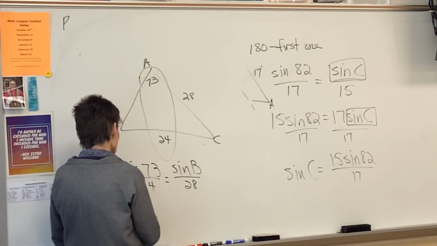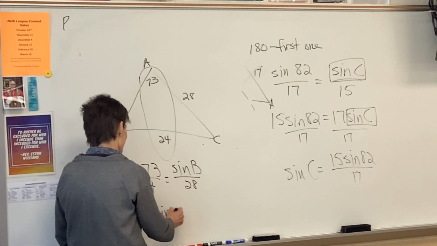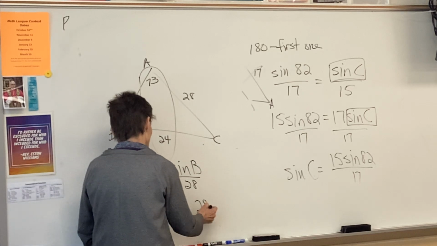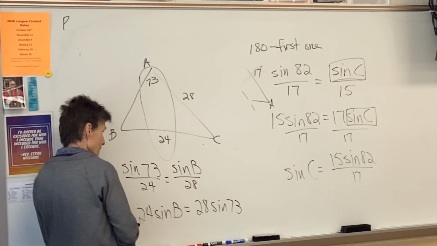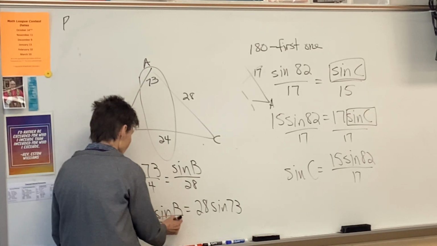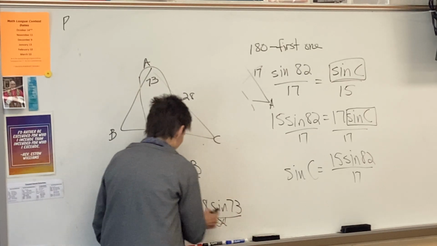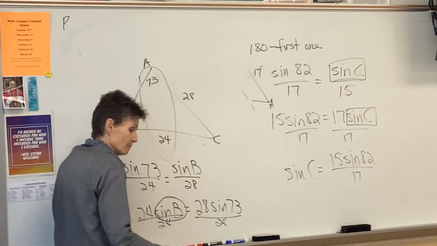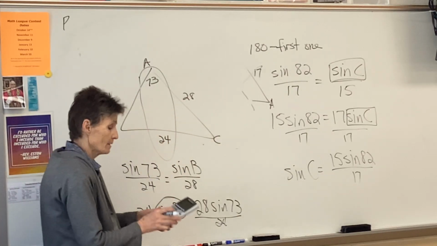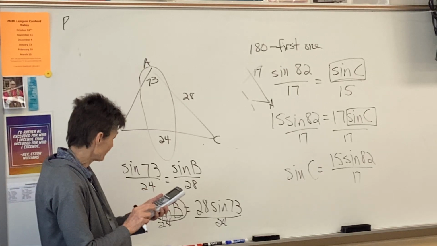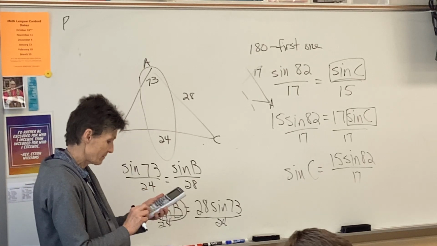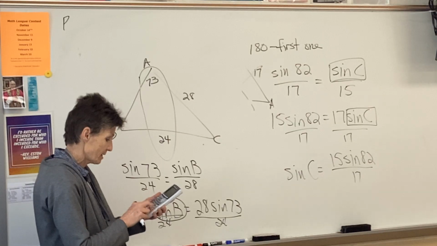And then we're gonna cross multiply. And what are we dividing by? Just 24. Because sine B is your variable. Yep, the only way to find sine B is to second sine 28 sine 73, close parentheses.